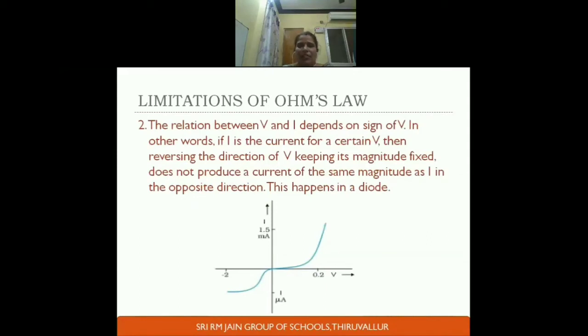The first graph is for metals. Here we have taken voltage along the x-axis and current along the y-axis.